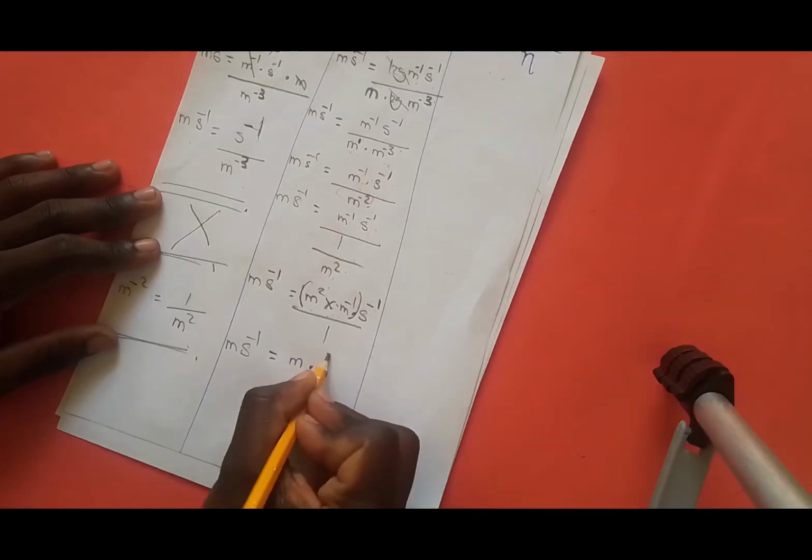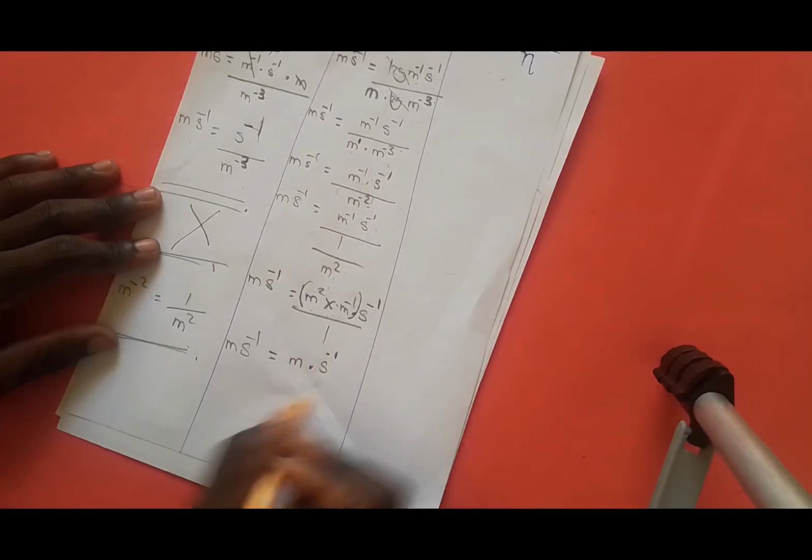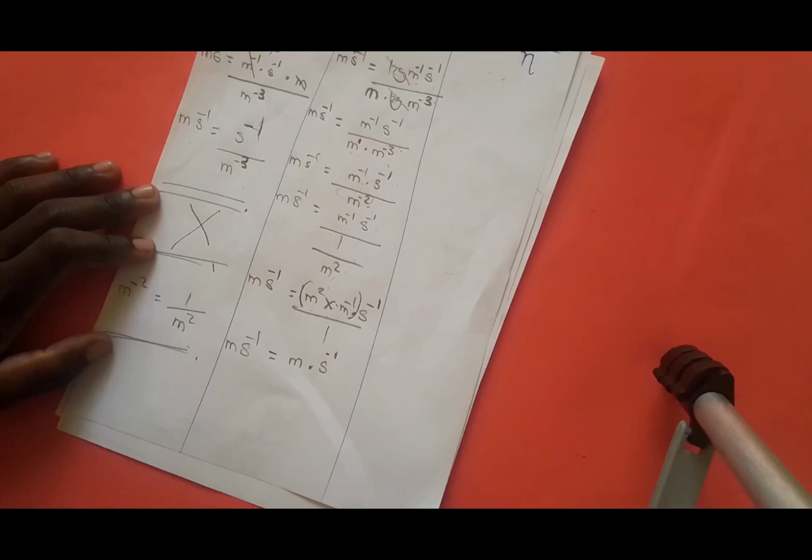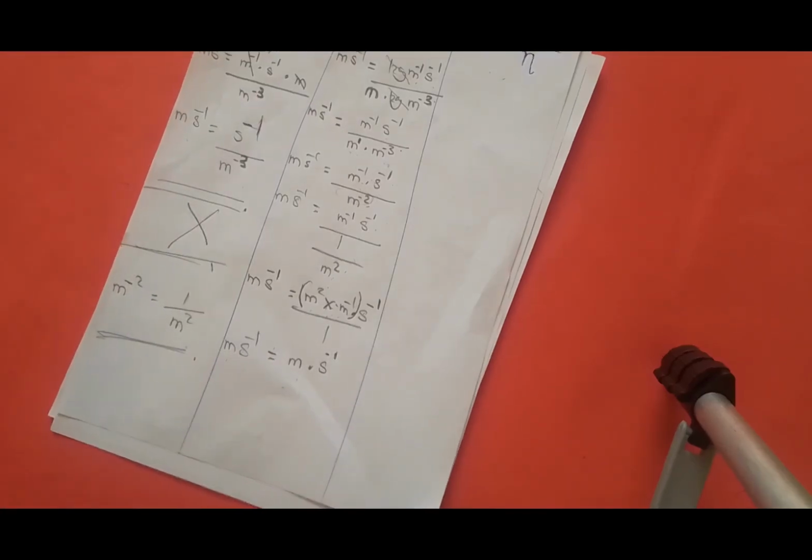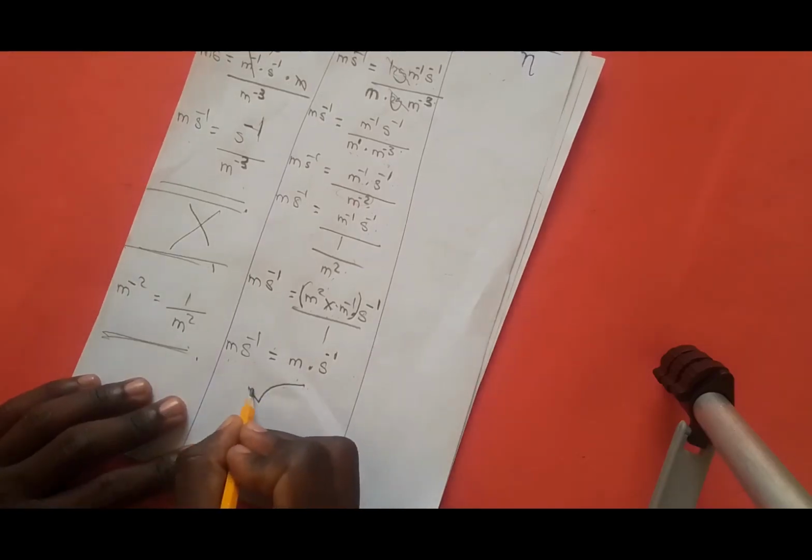Times per second, times s to the power negative 1. So if you look closely, meter per second is now equal to meter per second, which means that equation B is homogeneous.